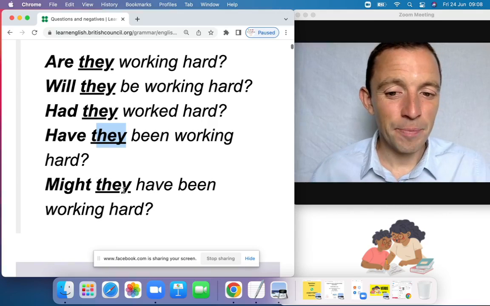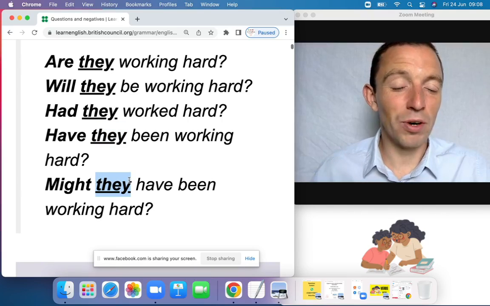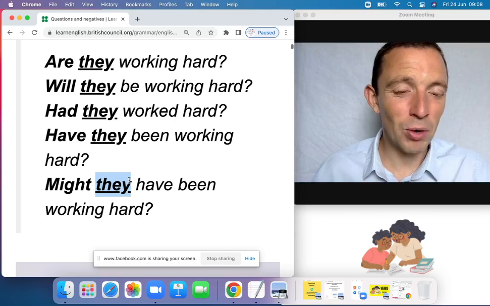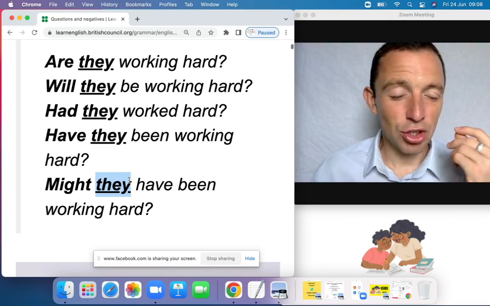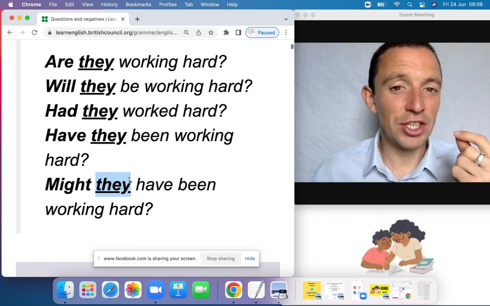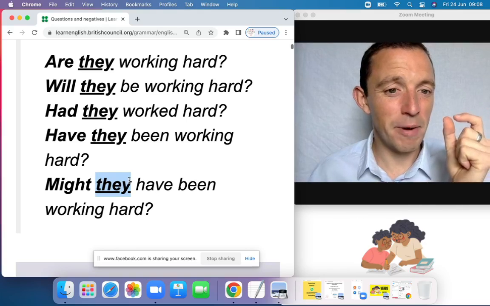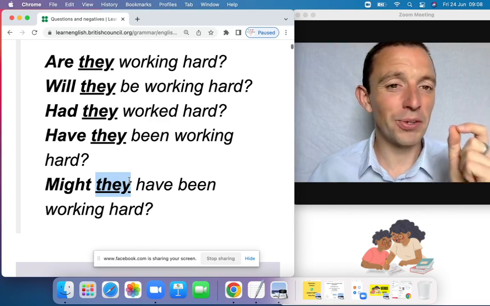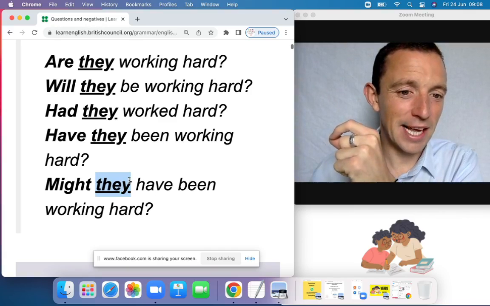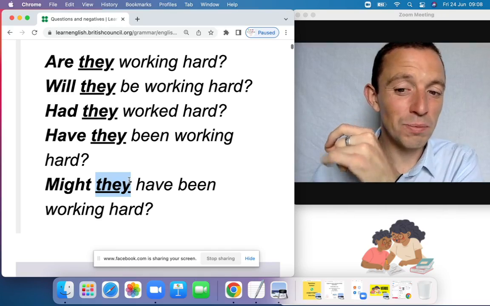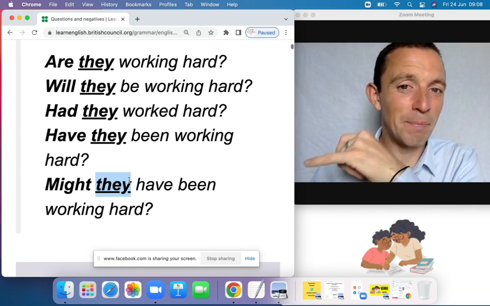Next example, if you remember, they might have been working hard. It was a possibility, a modal verb. They might have been working hard. So to create the question, we take the first part of the verb, might, and we put this at the beginning of the sentence. And the question becomes, might they have been working hard?